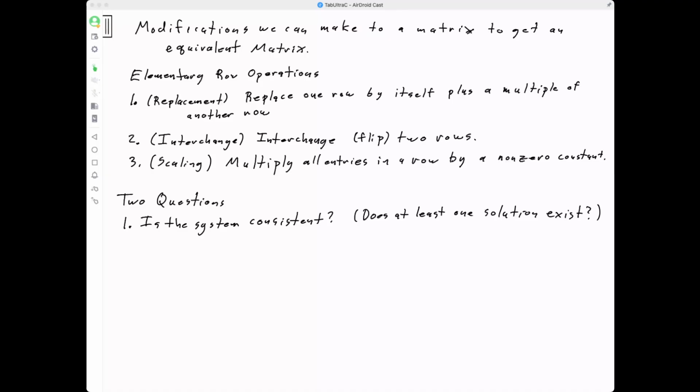And the second question is, if a solution exists, is it unique? And what we mean by that is, is it the only one, or are there more than one solution?